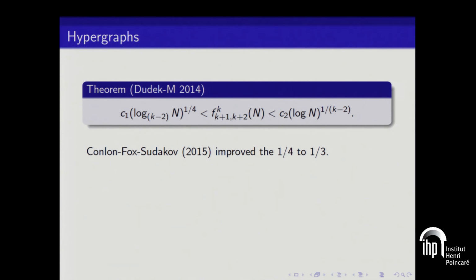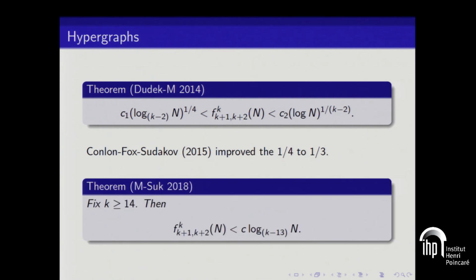And Conlon, Fox, and Sudakov improved the exponent from below. But the main open problem here, like with many hypergraph Ramsey problems, is whether you have an iterated log or just one log. It's the analog of whether you have an exponential or a tower. And then we managed to actually do this, but we had k minus 13 logs.